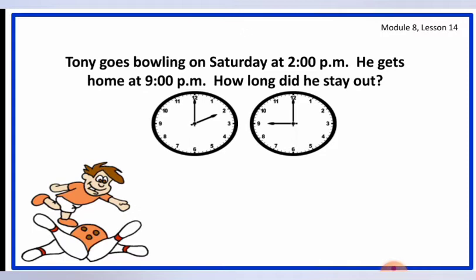When the hour gets to 3, that is 1 hour, 4, 2 hours, 5, 3 hours, 6, 4 hours, 7, 5 hours, 8, 6 hours, 9, 7 hours. So he stayed out for 7 hours. Or you can simply subtract 2 from 9 to get your 7 hours. So how long did he stay out? He stayed out for 7 hours.